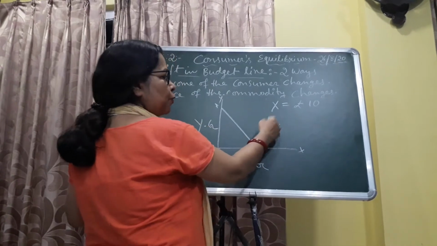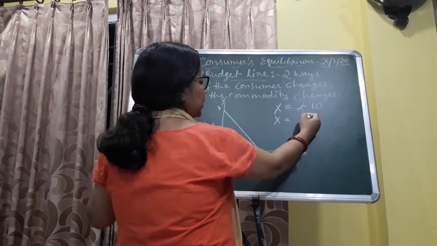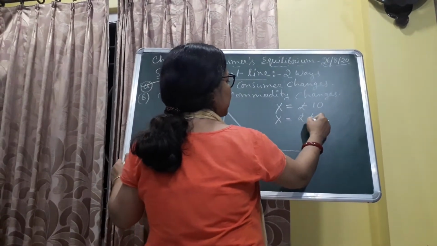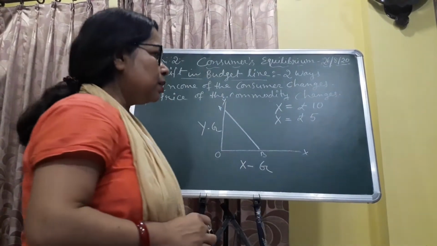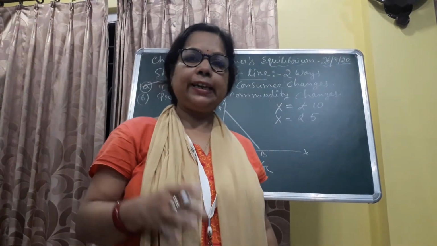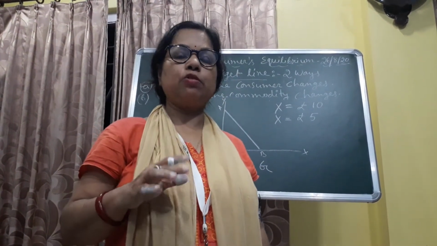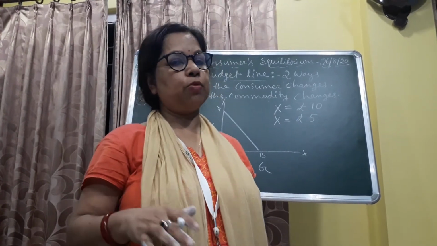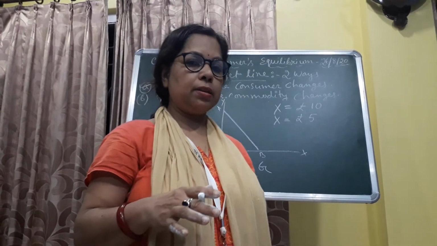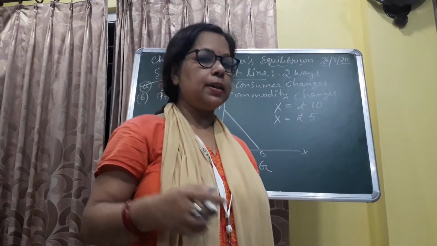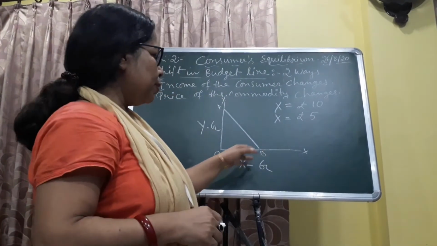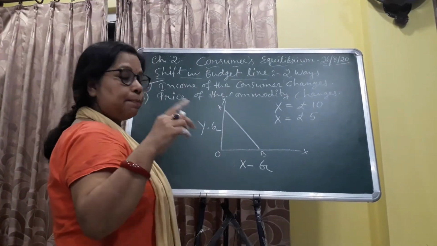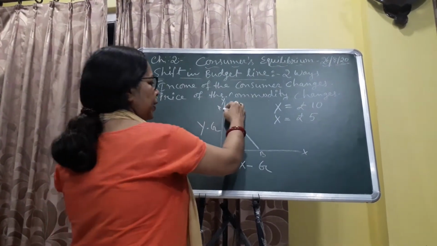Now the price of X decreases to 5 rupees. Practically we see that when the price of any commodity decreases, the demand for that commodity increases. Price decreases, demand increases. So in such a situation, when the price of X decreases, the demand increases. So the budget line will shift in such a way.